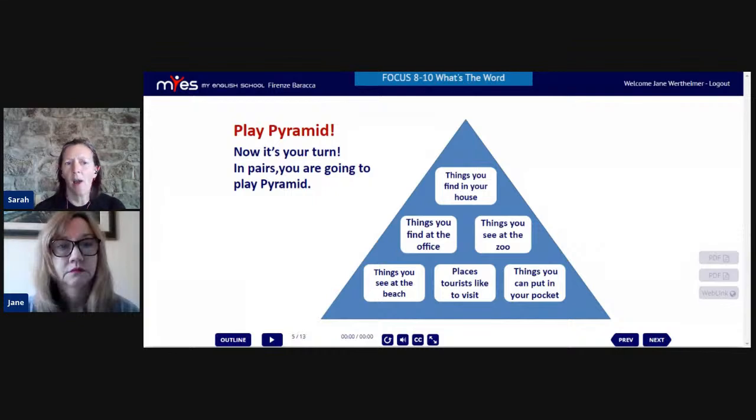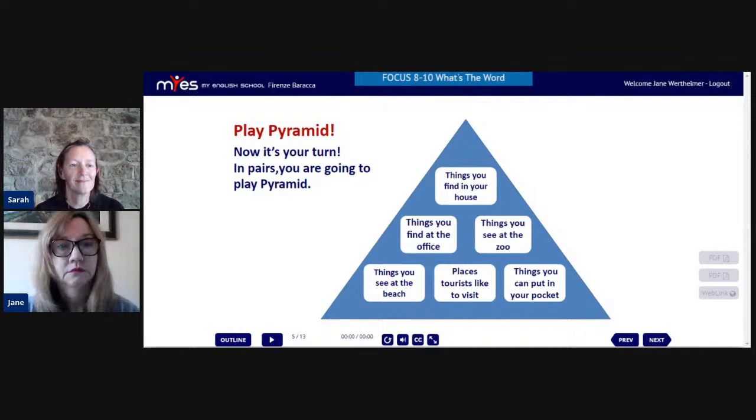So it's a bit like Taboo, the board game. You have to describe it using anything you can to help the other person guess what the word is. It's a really fun game if you play it.